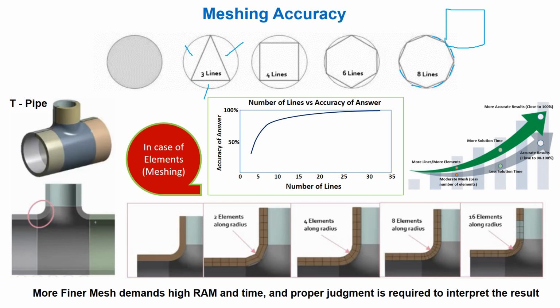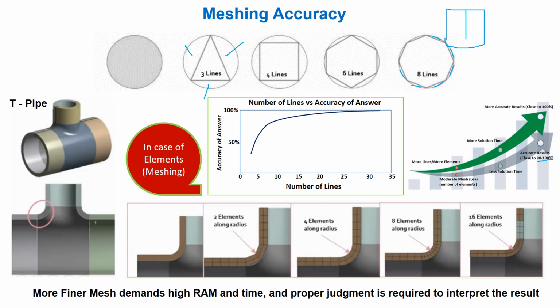When we consider a higher accuracy level, we need high RAM and more time. That is why in industry most of the time people consider a range of 90 to 100% accuracy with minimum time.